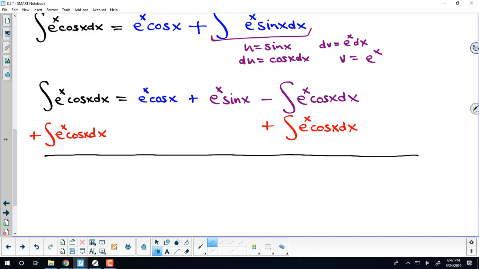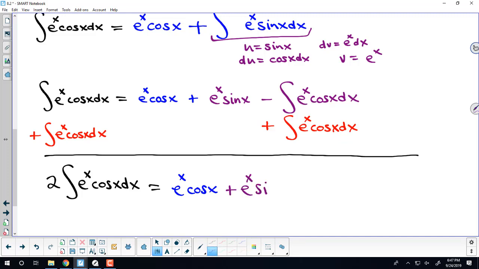And so I have now two of these on the left-hand side, equaling e to the x cosine x plus e to the x sine x.